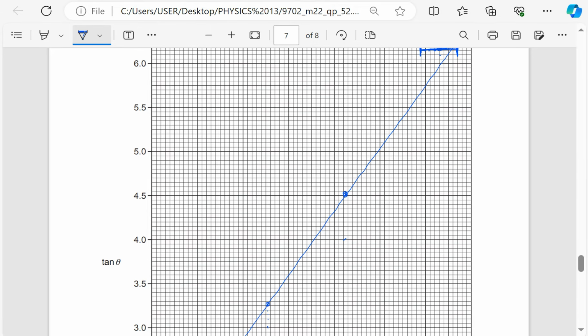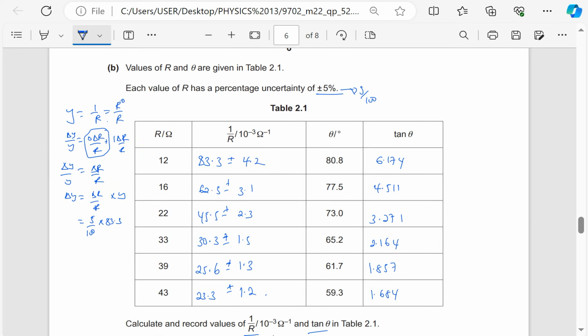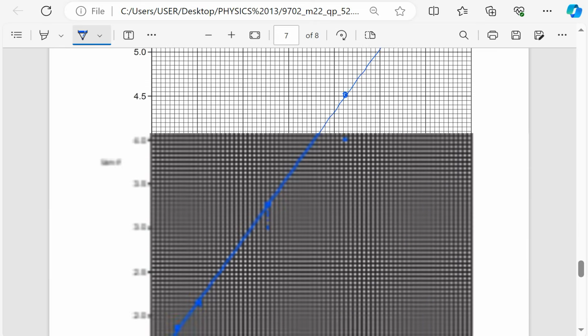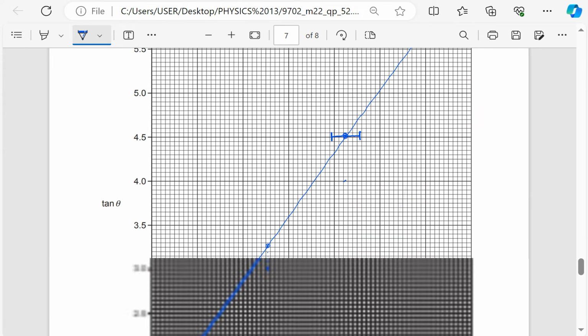The next one was 4 point. Next, what is the next one? I missed it. 3.1, 2.3, 1.5, 1.3. So the next is 3.1, then 2.3. So 3.1, I will count 3, a half, 1, 2, 3 is almost here. A half, 1, 2, 3 is almost here. Then I join these. Okay, the next is 2.3.